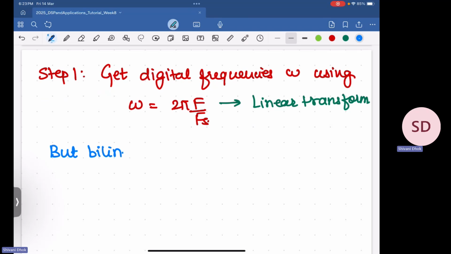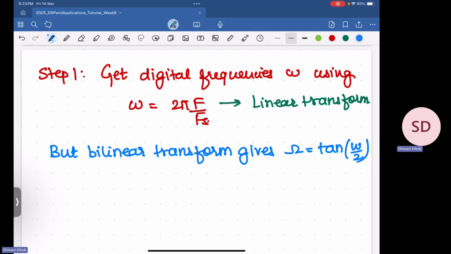The bilinear transform gives capital omega equal to tan of little omega by 2. Now look at these things here. This particular thing is our capital omega, and 2 pi f is little omega.